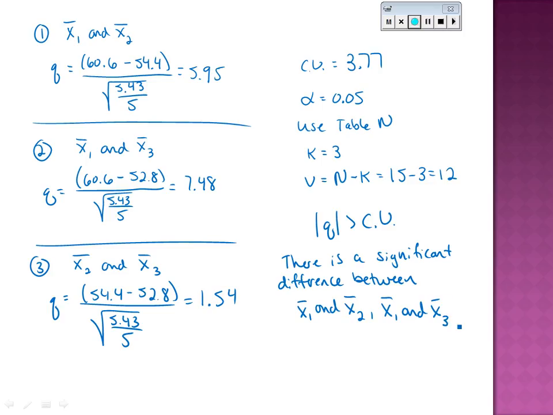And that should be the same result that we got from the Scheffé test. The reason why we could use both with this is because the sample sizes were equal. If your sample sizes are not equal, you have to use the Scheffé test. If your sample sizes are equal, you should be using the Tukey test.